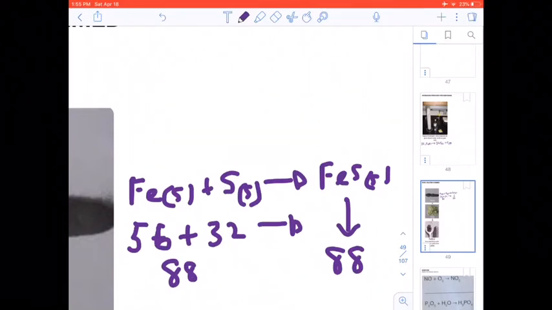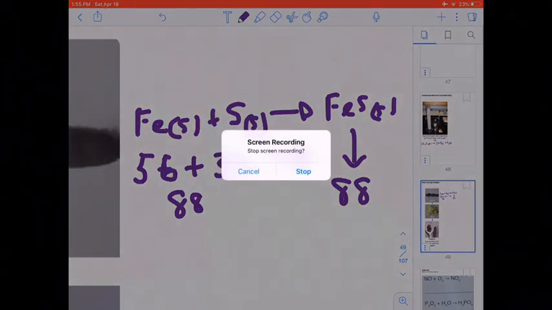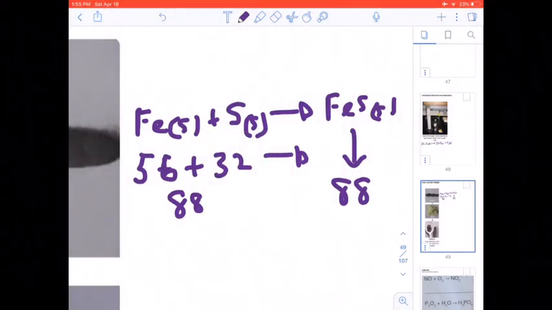Sometimes, whilst I've written it here as a sulfur atom, sulfur normally is a molecular solid and exists as S8.